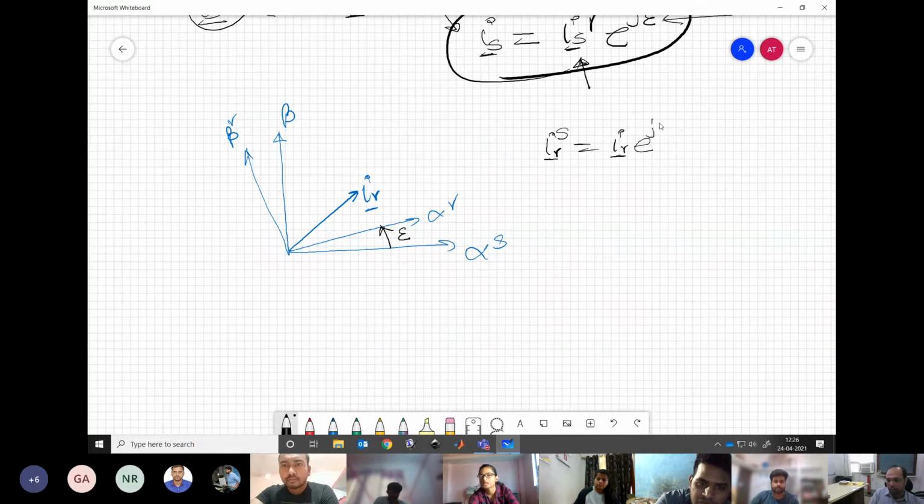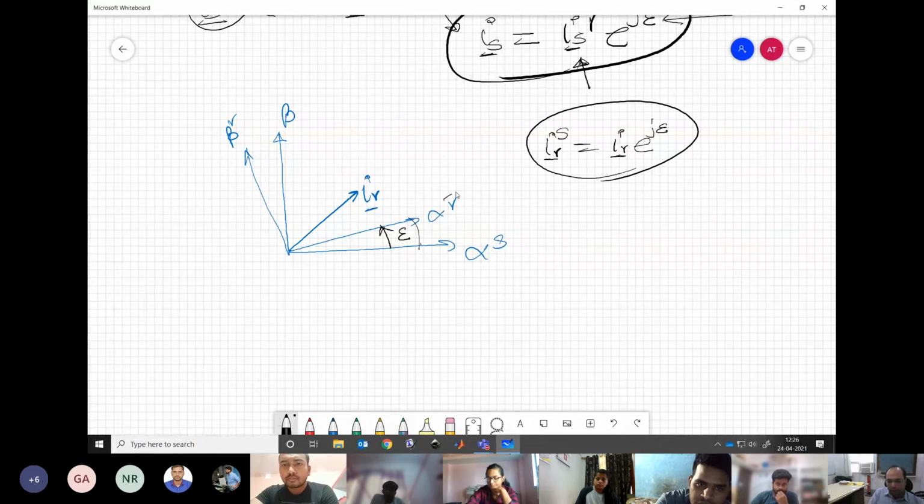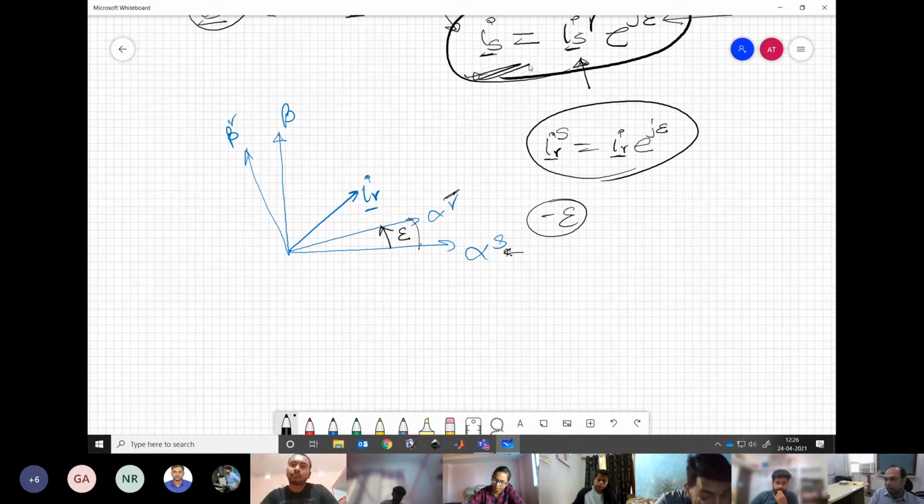Yes, e raised to the power j epsilon. Why? Now epsilon is coming opposite. Your native is here and your new reference frame is here. So angle is minus epsilon in the counterclockwise direction. Understanding my point? This is what I was trying to say over here. Now you know the quantity in the rotating reference frame, alpha r, beta r, and you want to come back to this alpha s, beta s.